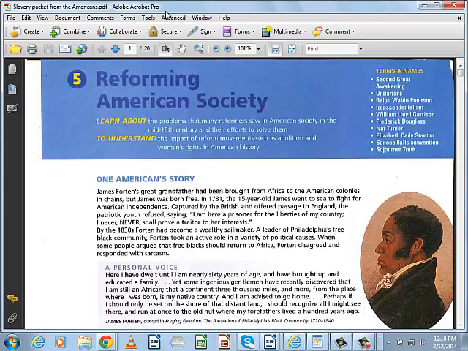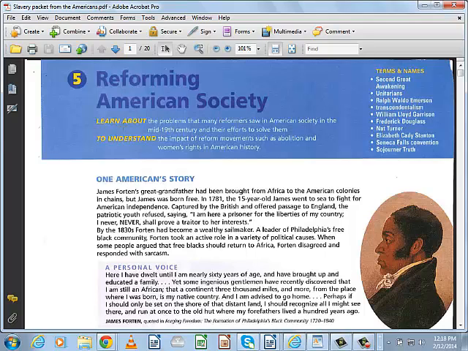Okay? Taking two-column notes is a great way to outline a chapter. So we're going to look at a few things when we come to a text. Number one, we're definitely going to take note of some of the major things that the text is telling us to highlight or focus. We've got a large headline right here. It tells us that we're going to learn about the problems that many reformers saw in American society in the mid-19th century and their efforts to solve them.